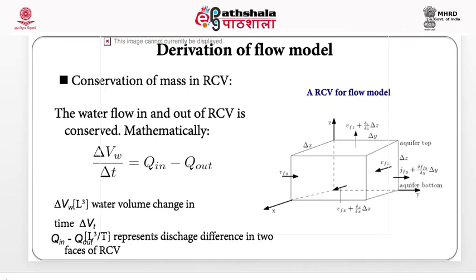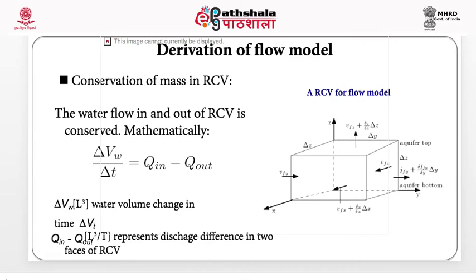Likewise, we can also obtain Q out. Q out, if you see the RCB model, is basically the quantity that is coming out, and if you see along y direction, it is Q V Fy plus delta Fy by delta y times delta y.